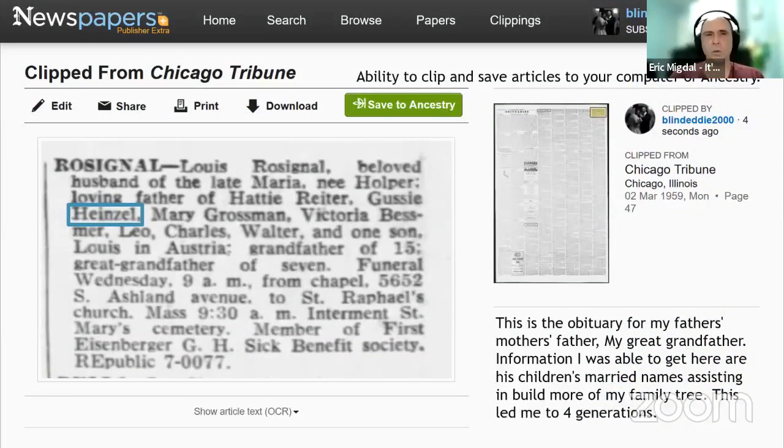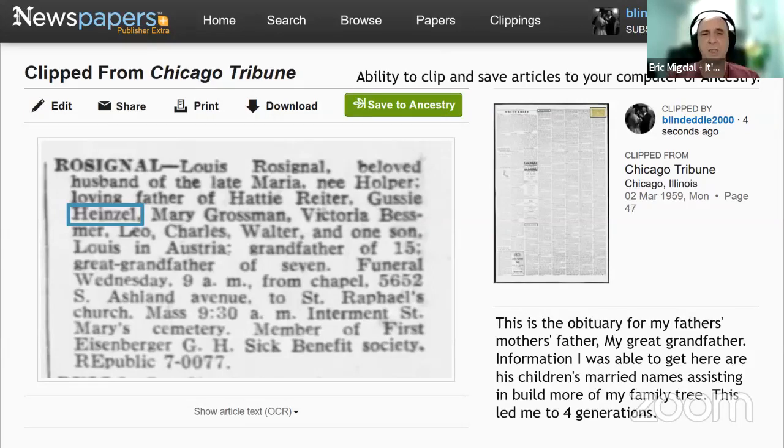Now, I want to cover one obituary in particular, because this is able to go back four different generations of parts of my family, because there's a lot of information here. So Louis Rosengill happens to be a great-grandfather of mine. I know that he is the beloved husband of the late Maria, nee Halper.